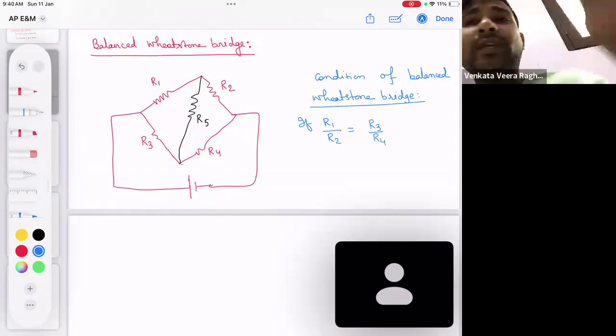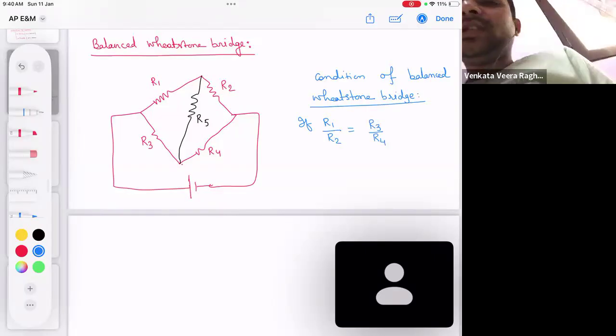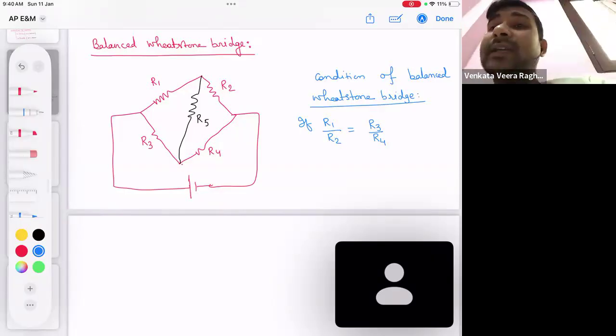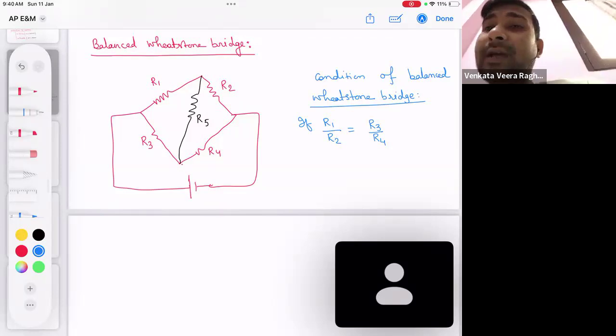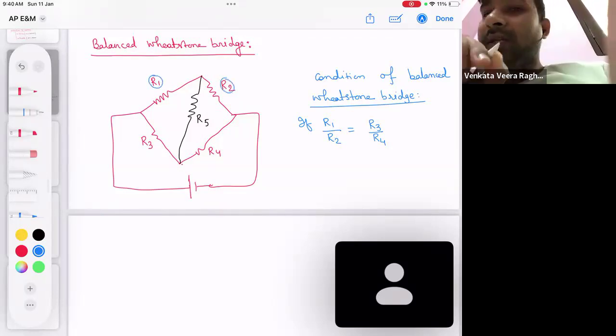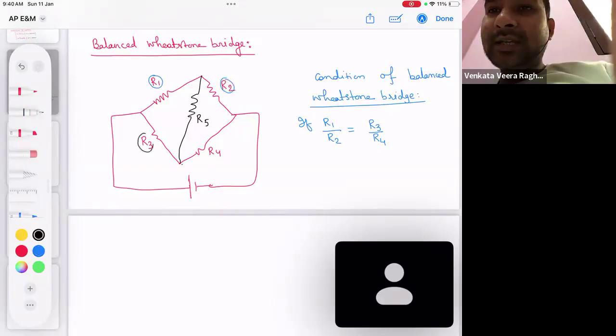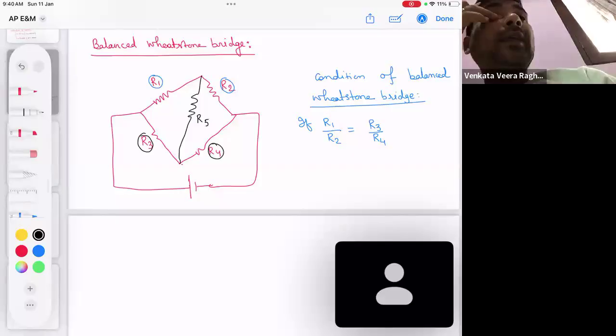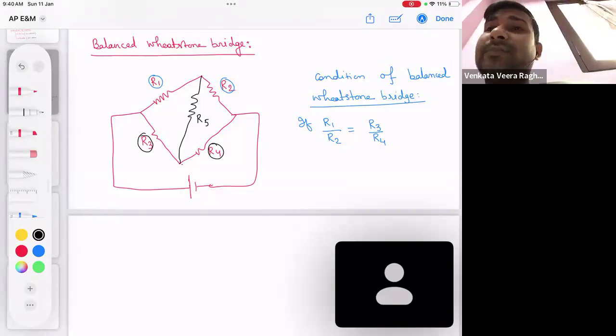See, R1, R2 need not be equal, or R3, R4 need not be equal. But what should be equal? The ratio. R1 by R2 means these two resistances' ratio. If it is exactly equal to the R3 and R4 ratio, then that bridge is in the balanced condition.